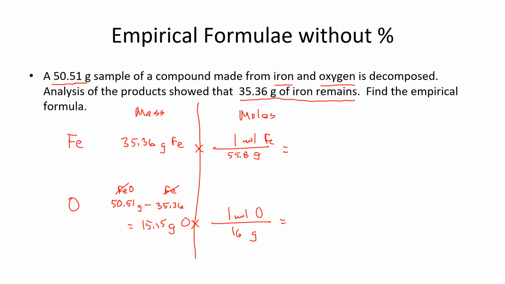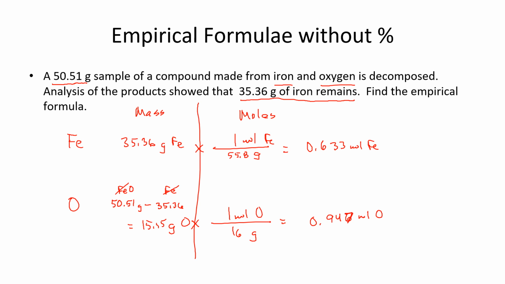So let's have a look here. 35.36 divided by 55.8 is 0.633 moles of iron. And then 15.15 divided by 16 is 0.946 moles of oxygen.